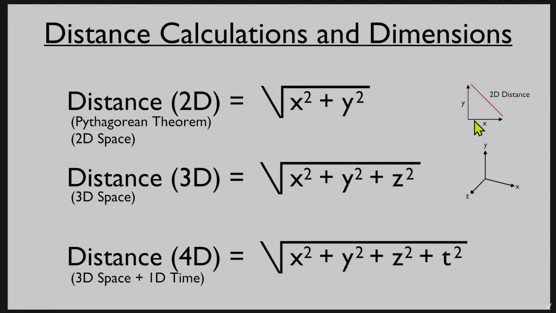Whatever x is, whatever y is, you square them, add them together, and you get this distance squared. So if you want to know what this distance is, you square x, you square y, and you take the square root. That's it. And that gives you this dimension here.